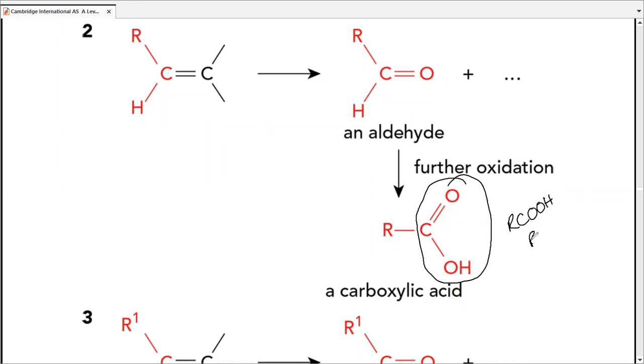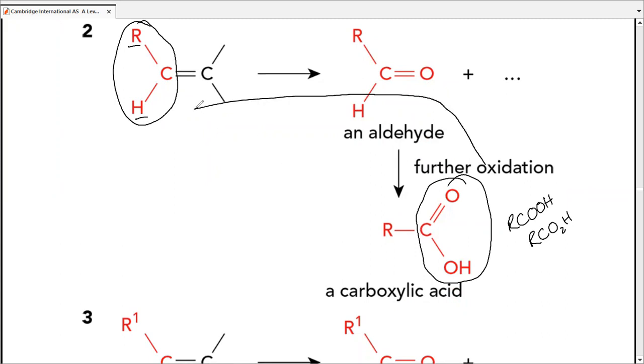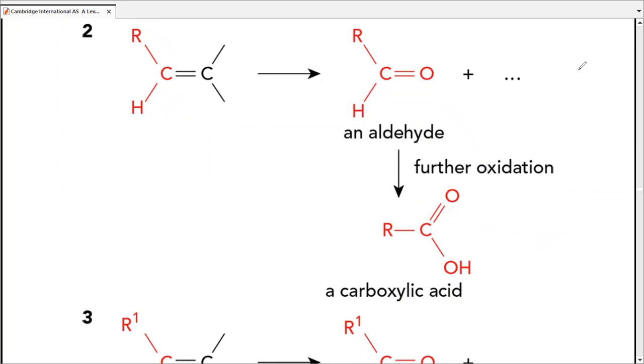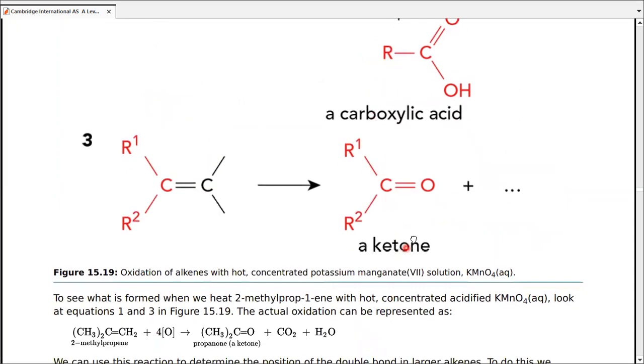You might also see in past papers this written as RCO2H, but both mean the same thing, carboxylic acid. So I hope you clearly understand that carbon with one R and one H, one alkyl group and one hydrogen atom, are stepwise converted from an aldehyde finally into a carboxylic acid.